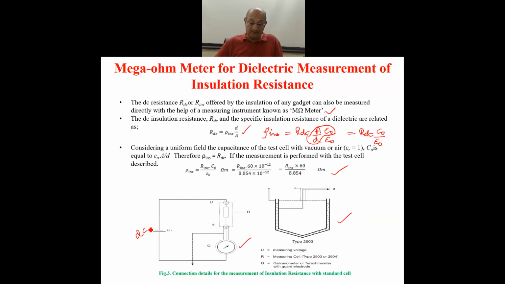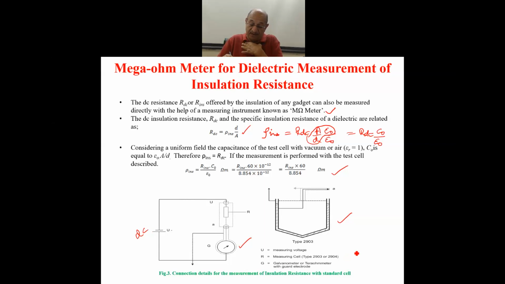U is the measuring voltage, and when you apply the voltage, the DC resistance stabilizes, even the measurement, because of the polarization. So you have to give, as recommended by the instrument, a few seconds to be able to measure the RDC directly. You can measure the RDC directly with this instrument. R here is the measuring cell.